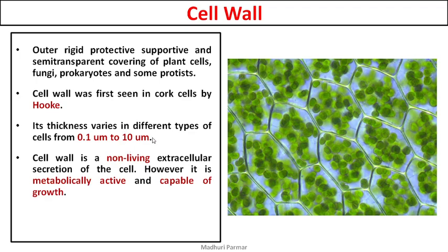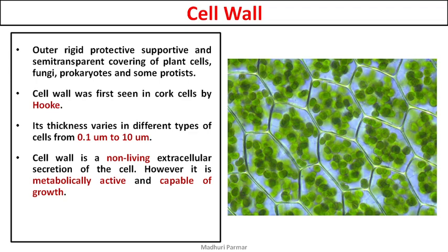Cell wall is a non-living extracellular secretion of a cell. So it is non-living, okay, it is just a structure, at least it acts as a structural barrier. Okay, it has no direct roles as such, but its function is to be a structural component, like a brick wall in your house.